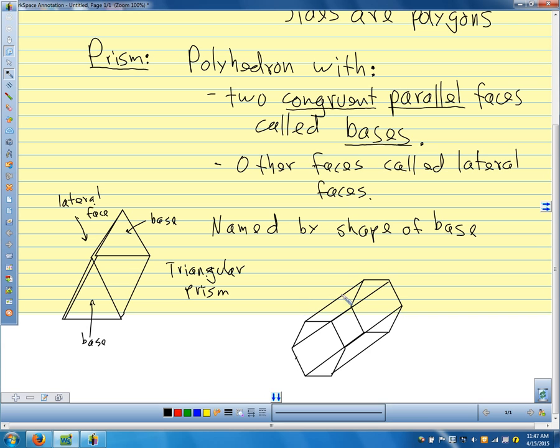And our sides here, our lateral faces, would be rectangles. And I didn't intend for the lines to exactly line up that way, but that's just the way it happened. We can make these lines dotted if we wanted to. The ones that are back here, you can make those dotted lines. So there would be our hexagonal prism.